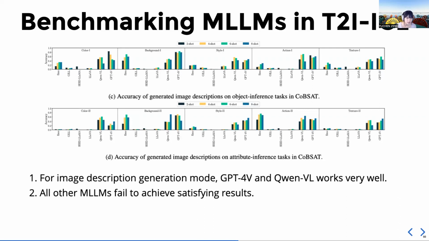And here are the results for the image description generation mode. We just add one more sentence to instruct the models to generate image descriptions. What we found is that in this case, GPT-4V and Qwen-VL work very well, and all the other MLLMs failed to achieve satisfying results.